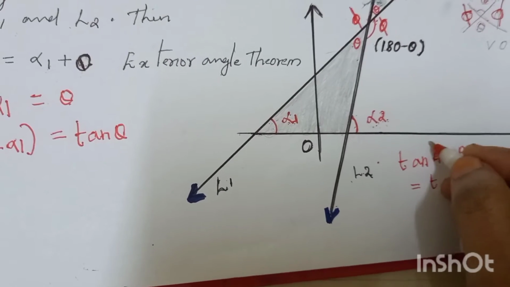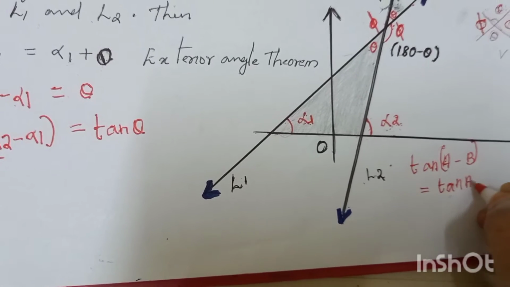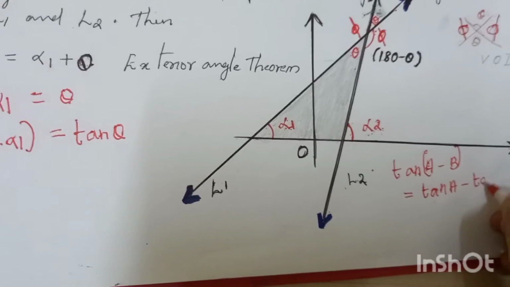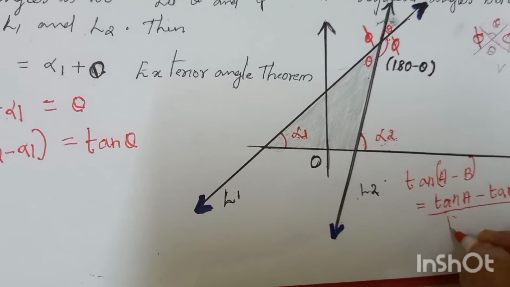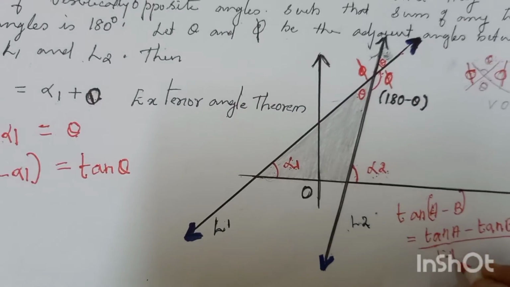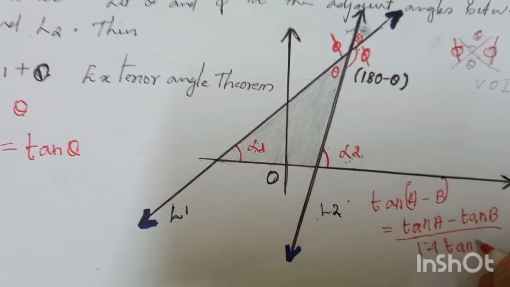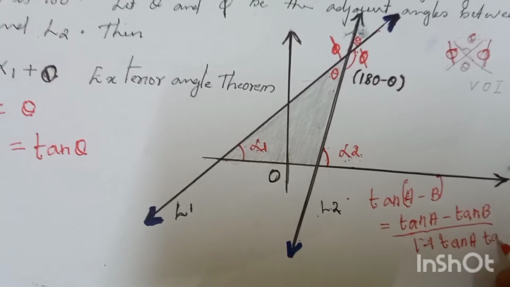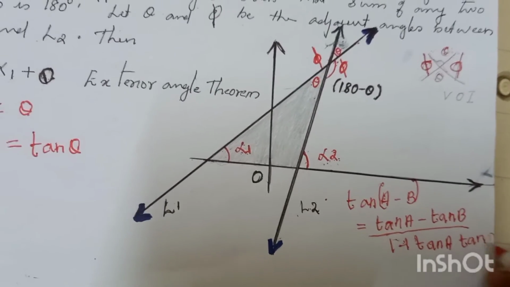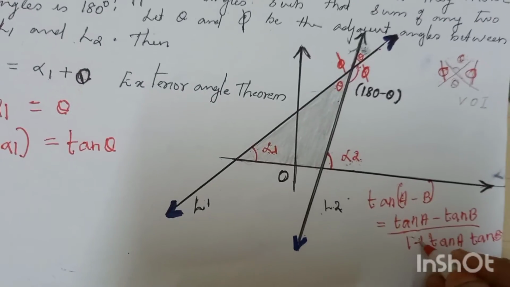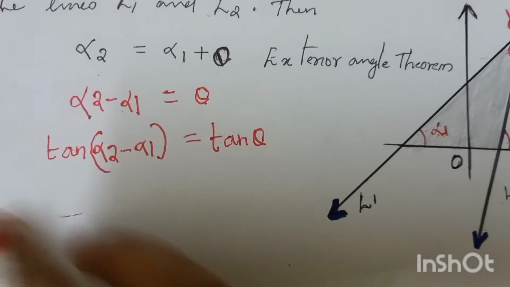Tan A minus B is equal to tan A minus tan B, whole divided by 1 plus tan A tan B. Here it is minus, so in the denominator it is plus. So we can apply that formula here.